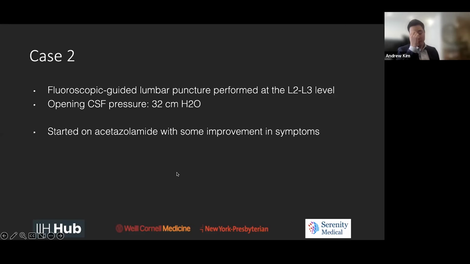And in this case, a lumbar puncture was also done and showed an elevated opening CSF pressure of 32. Like in the first case, the patient was started on acetazolamide, which resulted in some improvement in symptoms, but it didn't resolve it completely.